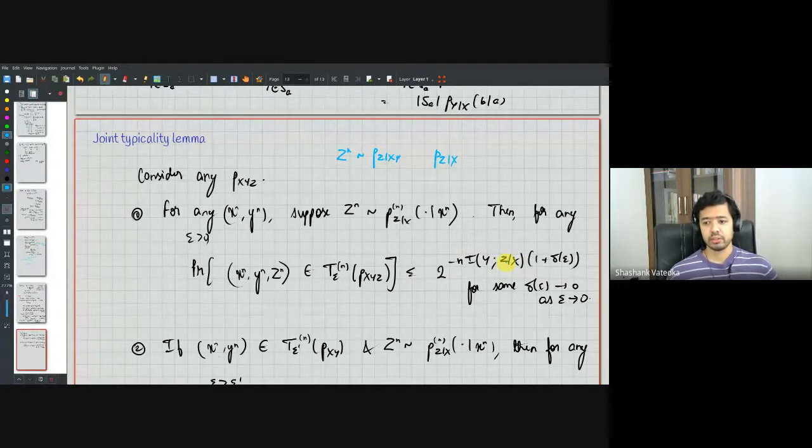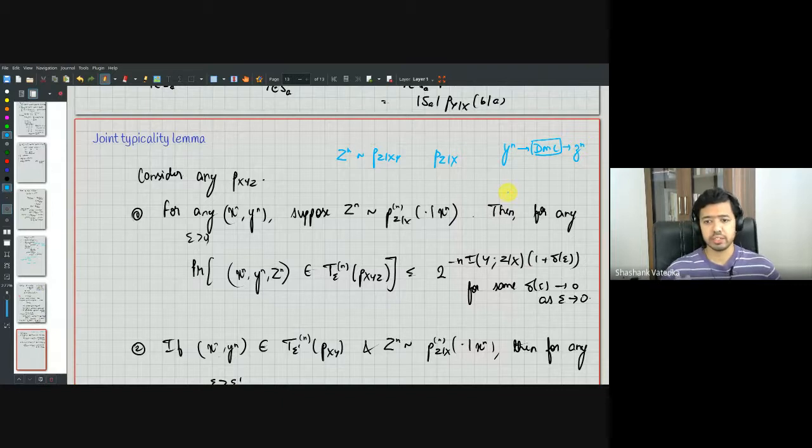One interpretation of this part of the joint typicality lemma is the following. In the channel coding theorem, the notation is a little bit different, but consider the problem where you transmit a y^n through a DMC, and at the output of the DMC you see z^n.